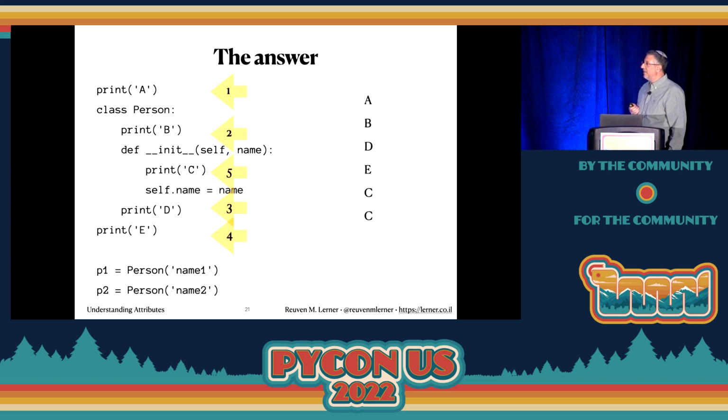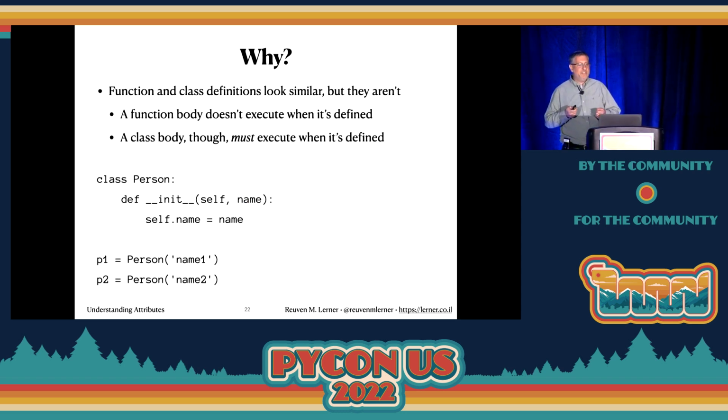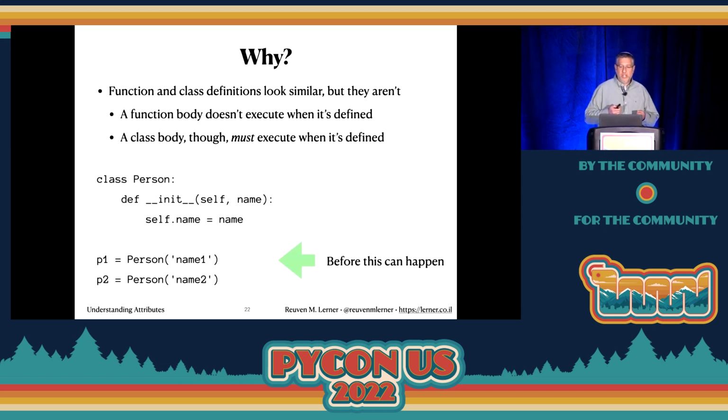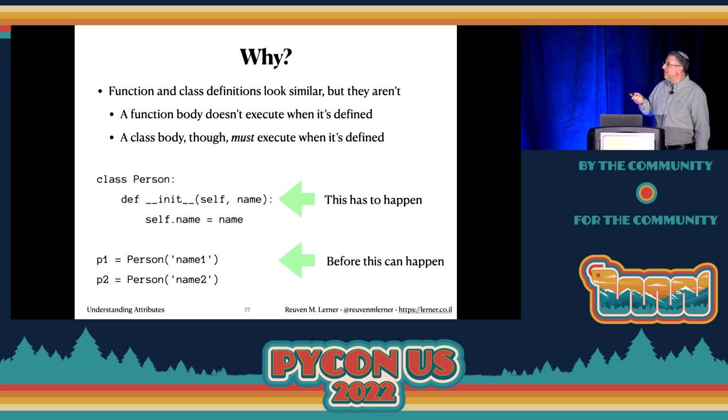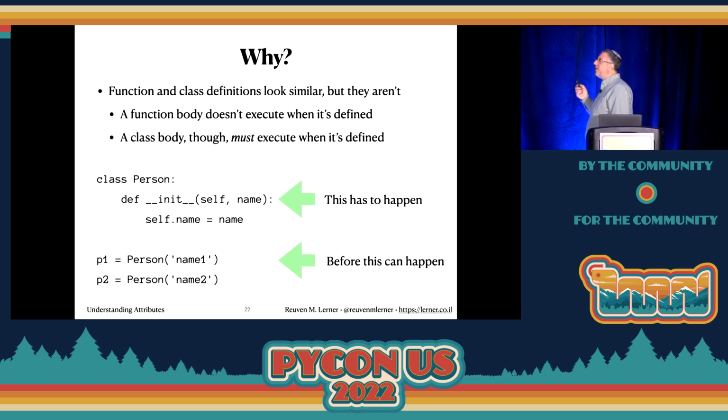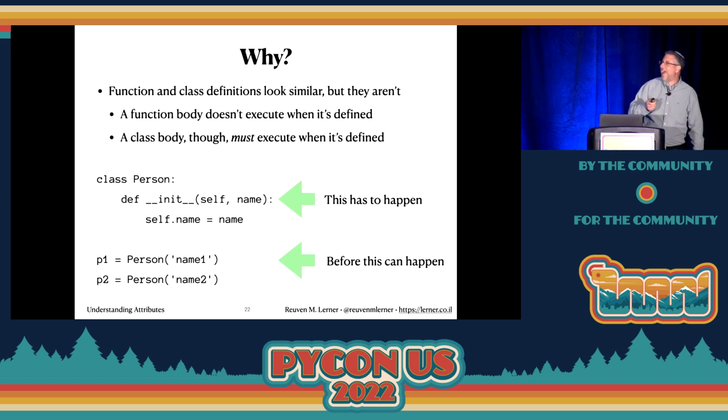So what's going on? And part of the reason why people get confused by this is that functions and classes look almost exactly the same. So before we can have person invoked, and before we can then call dunder_init, it needs to be there. Functions and classes look the same, but function bodies are not executed when we define the functions. But class bodies need to execute when we define the class.